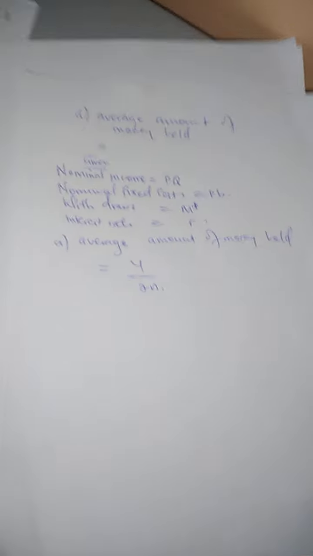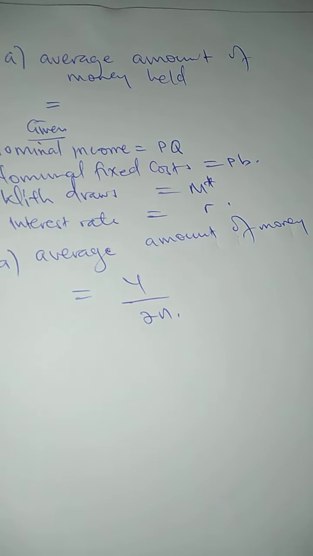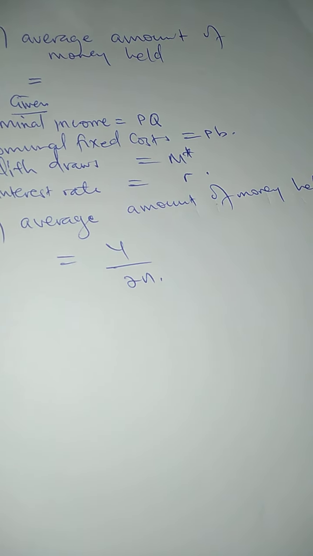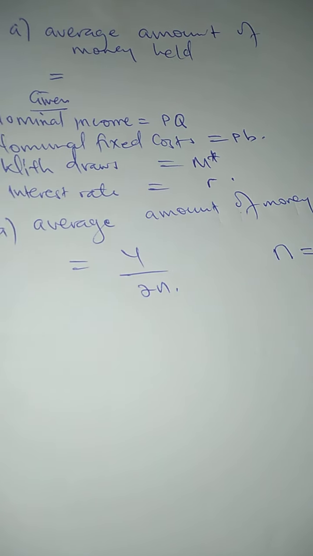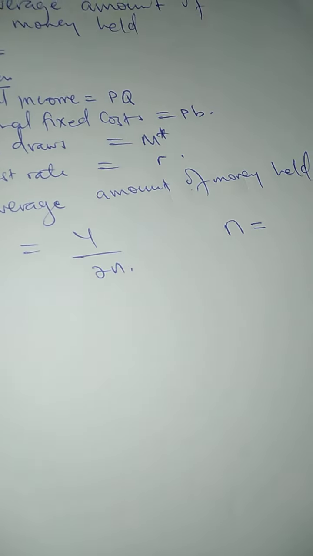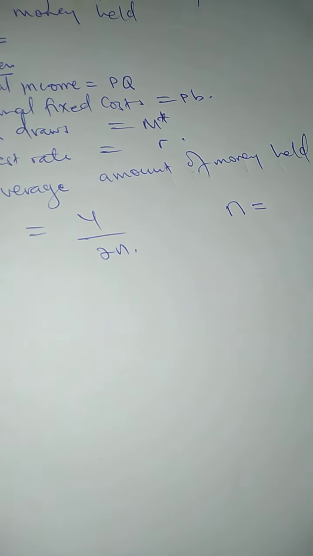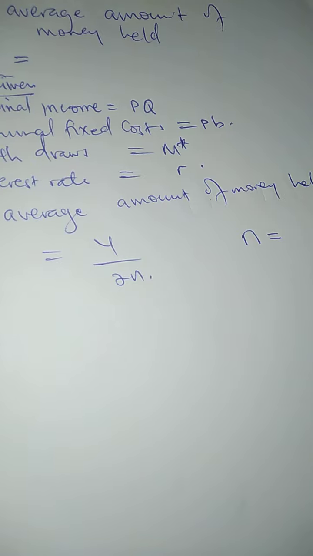But remember, N refers to the number of trips to the bank. But how do we get the number of trips? The number of trips, N, is equal to the amount that is in the bank divided by the amount you withdraw towards each trip.